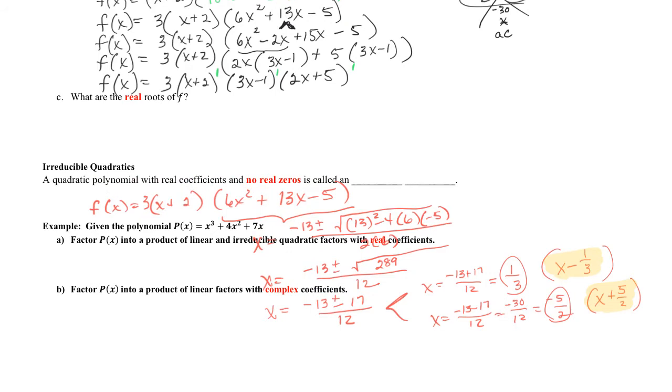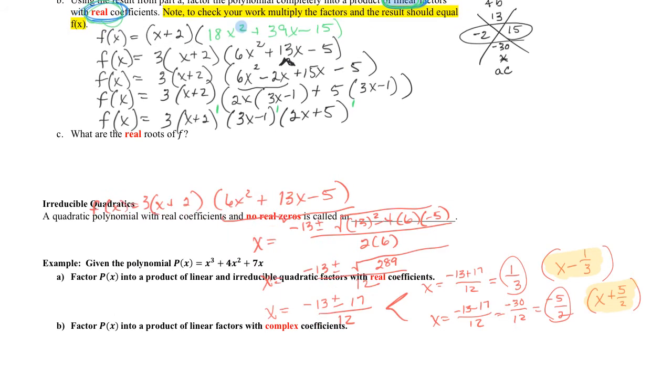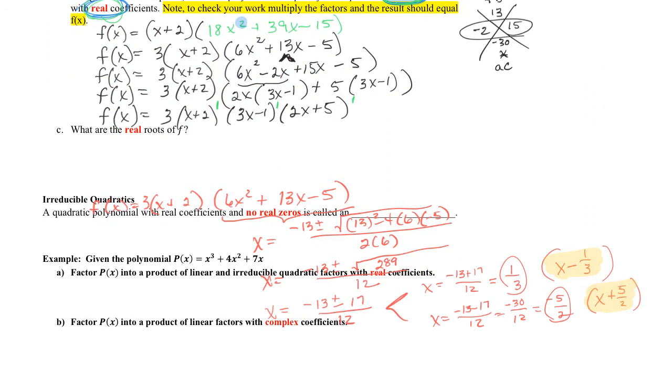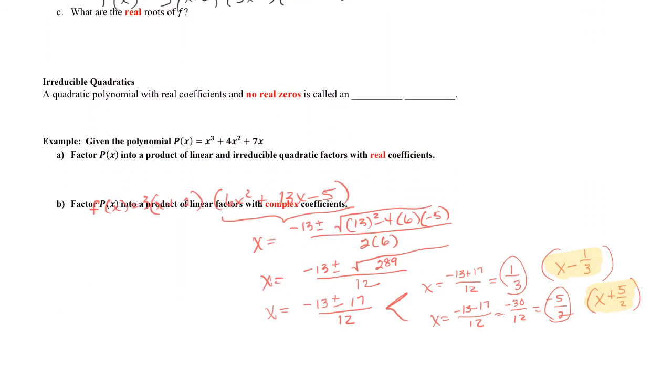Our original polynomial, way up at the top, was 8x cubed plus 75x squared plus 63x minus 30. When that's factored, okay, those are integer coefficients. There's no fractions there, okay?